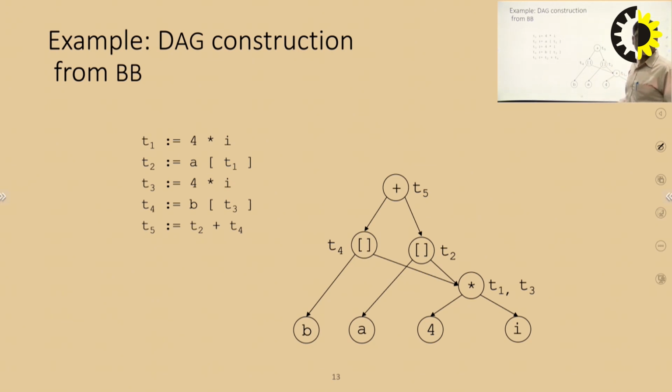Now T5 equals to T2 plus T4. It is a very simple thing, but I hope there is some difference. It should be like that: plus T2 and T5. That is required, because T2 plus T4, where T4 is on the right-hand side, so T4 is defined like that and T2 is defined like that. Actually this is commutative, so there is no problem.